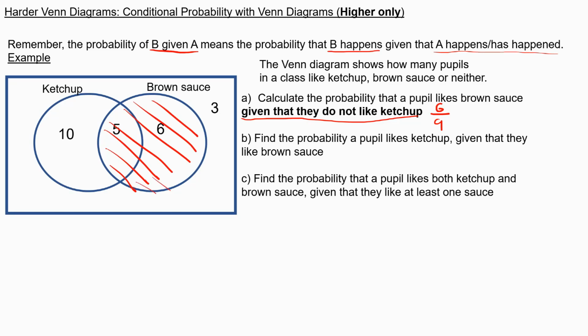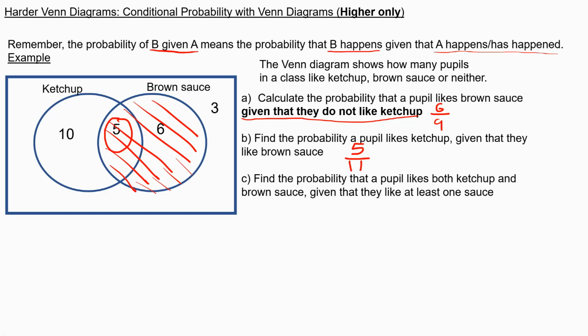So I need to restrict myself to this part of the Venn diagram. Now, in that part of the Venn diagram, there are 5 pupils who like ketchup. So my answer is going to be 5 out of how many people are in this restricted part of the Venn diagram, which is 5 plus 6, which is 11.